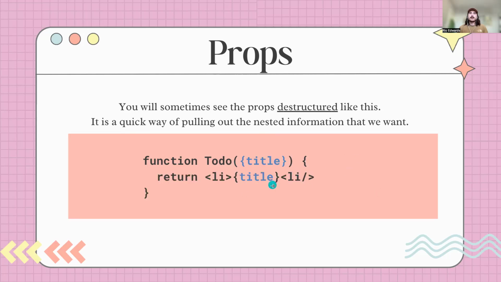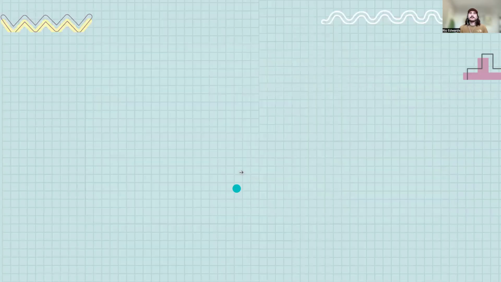Another common syntax for accessing props is through destructuring. I talked a little bit about destructuring, and we're seeing it again here. Destructuring is a way of creating variables out of properties in an object. So we have our props object, but instead of getting the whole object itself, we're drilling into that object and getting just the title property.